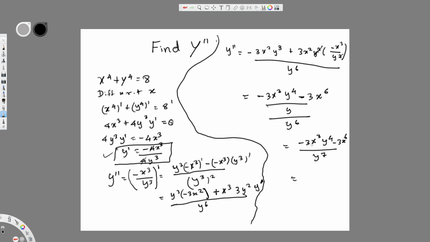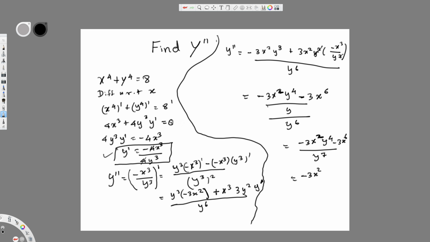Now what I can do is take minus 3x square common.